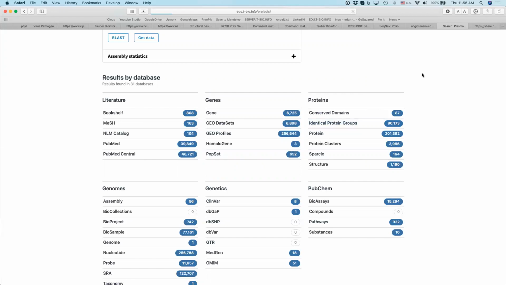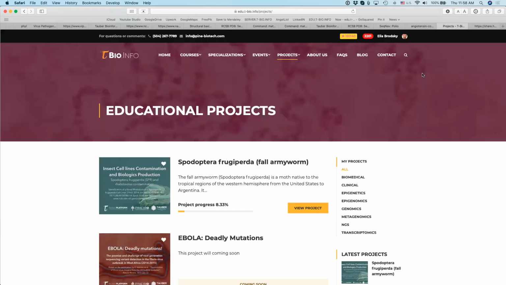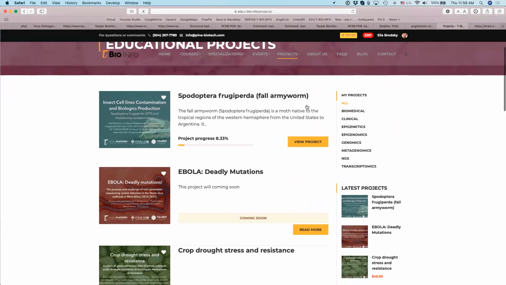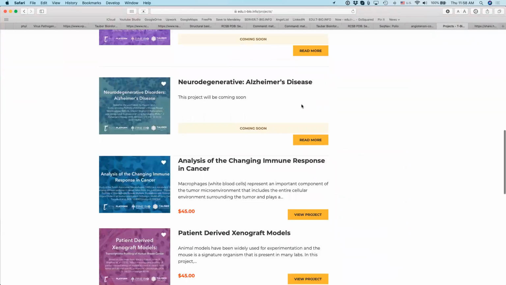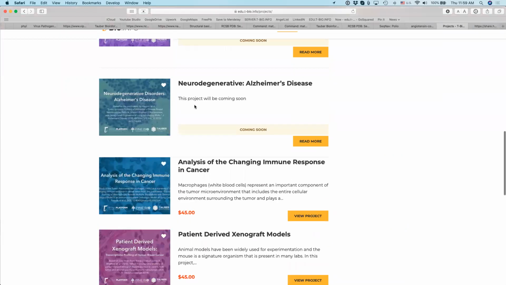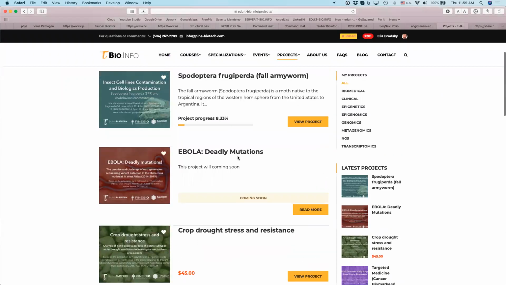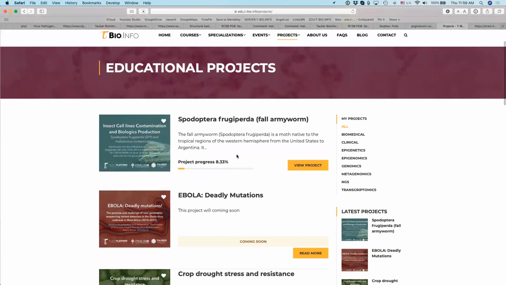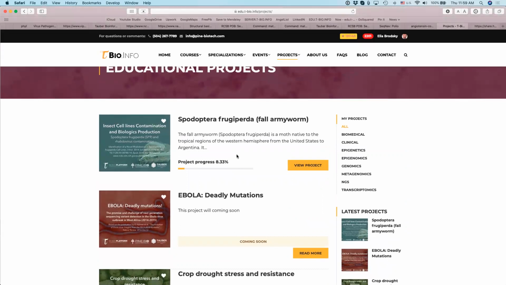So by the time your project time starts, you'll have those projects as well. We've used some examples from those projects in the sessions that we did. All of these should be free to the participants of the program, but some of them you'll see coming soon, and they will be available when the project time for this program begins in a few sessions.